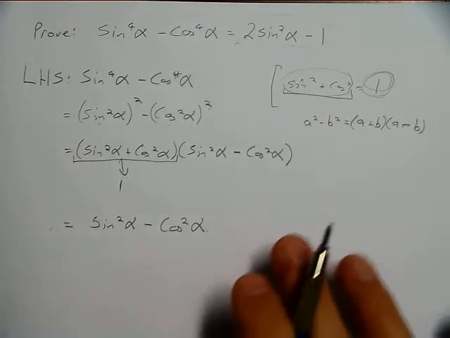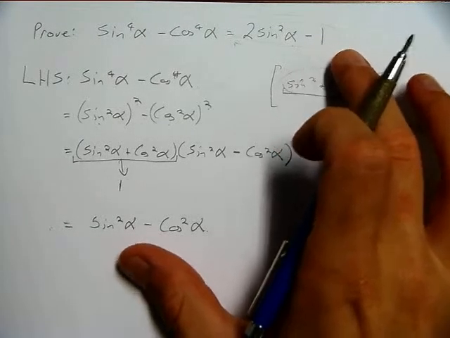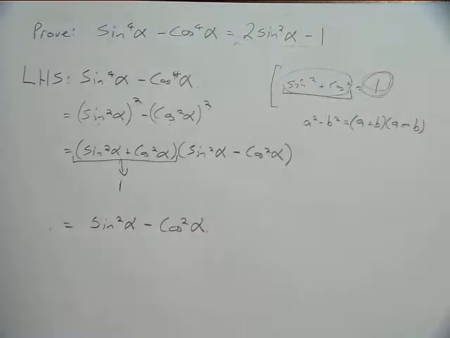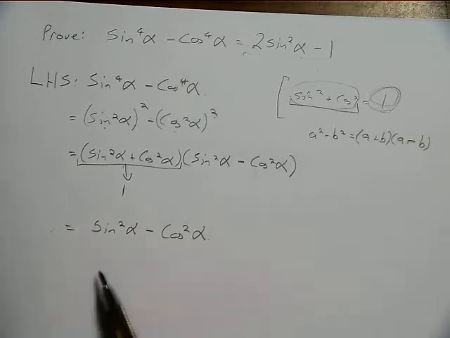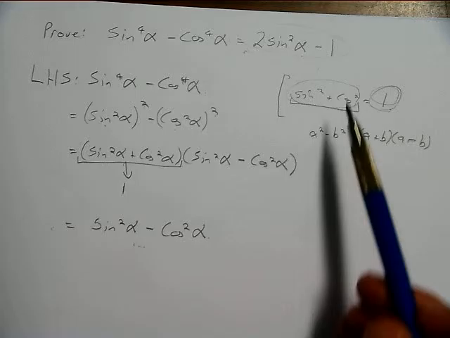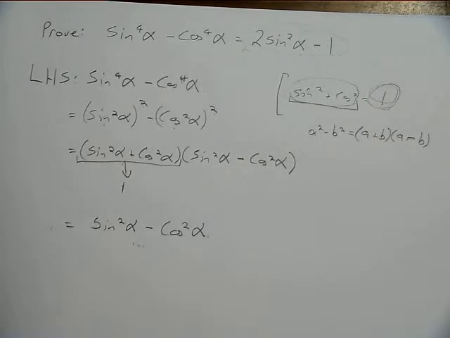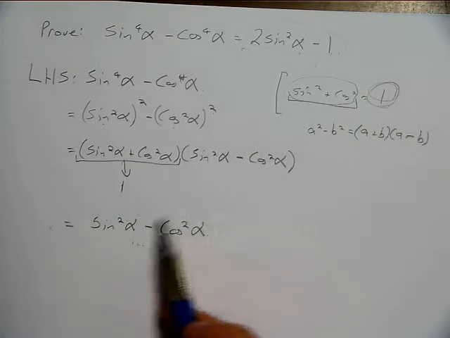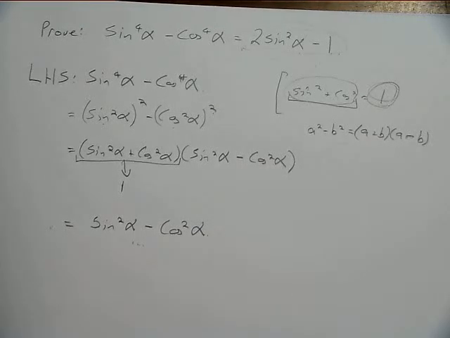So what sort of a significant difference do I have between these two sides at the moment? What sort of functions do I have in this that I don't have here? I have this cos squared alpha. Now do I have anything that I can replace a cos squared alpha with? Have a look back at our identities.